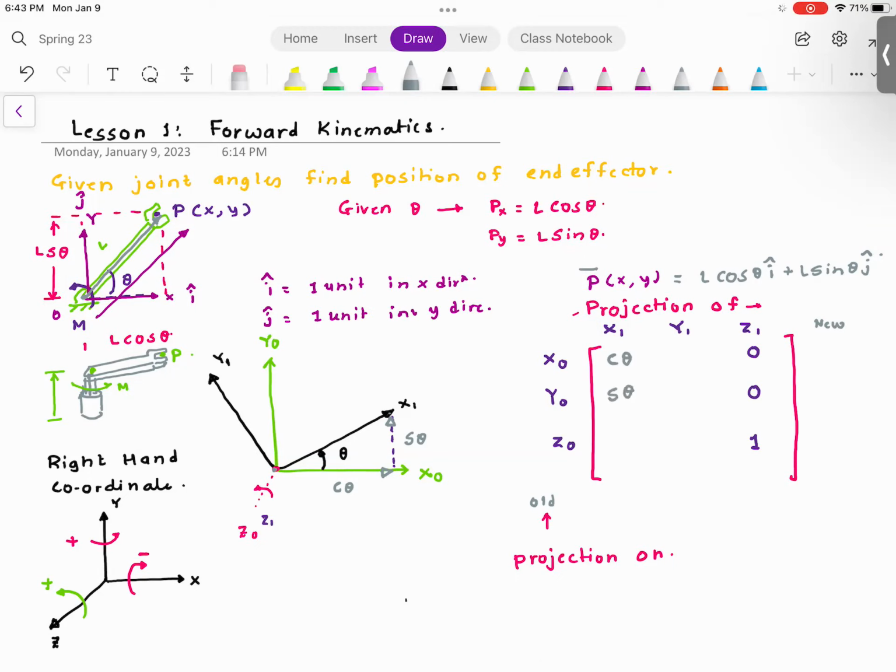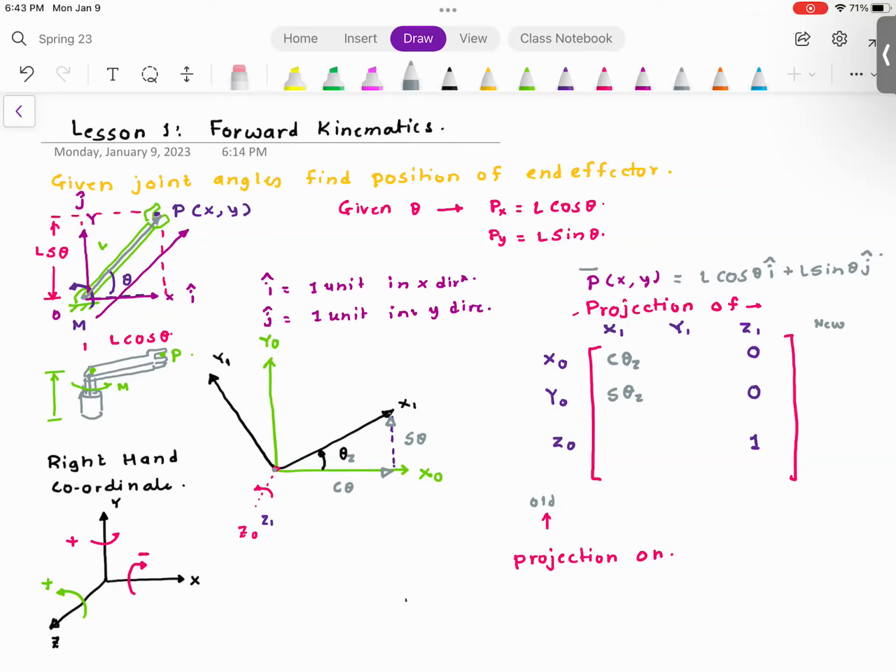If I call this rotation theta Z, because this is the rotation about Z0 and Z1, this will be theta Z, theta Z. What is the projection of X1 on Z0? 0. Are you with me so far? We'll leave it like that.